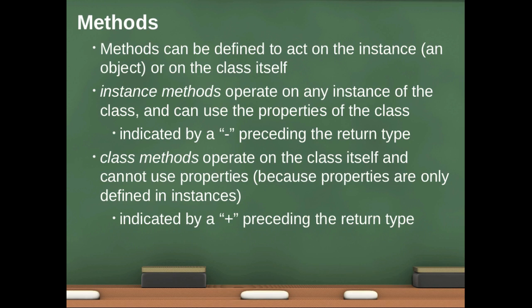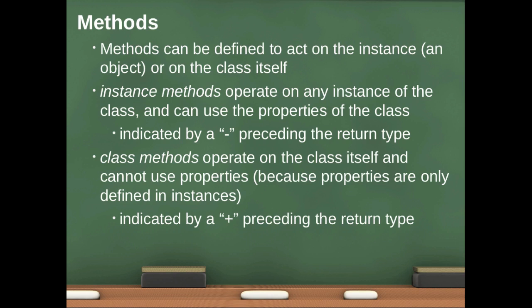Methods, we can define a method to act on the instance of a class, the object, or upon the class itself. Instance methods operate on any object, any instance of the class, and they can use the properties of that class because properties belong to the object. They are really another form of instance variable, which means that the instance owns them.